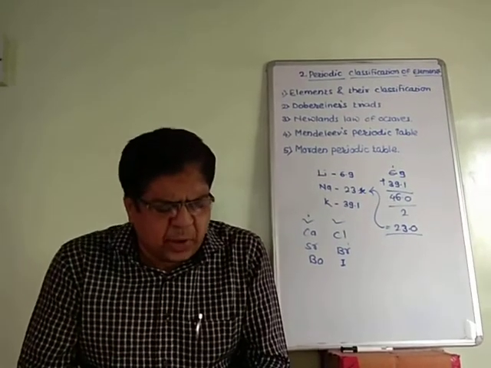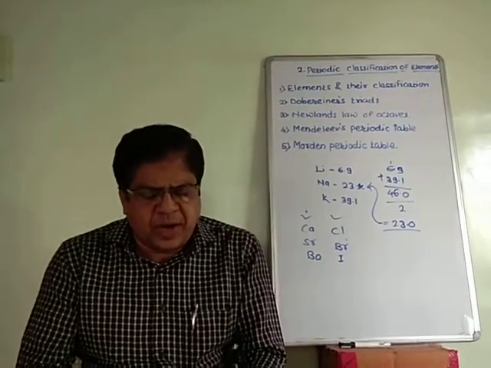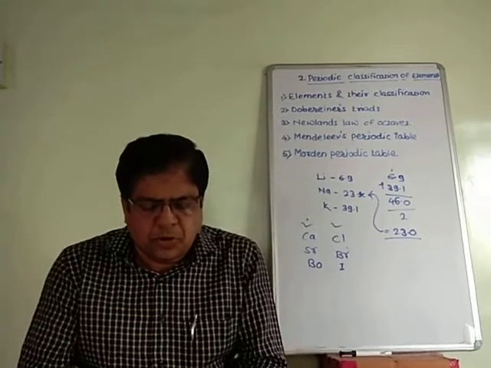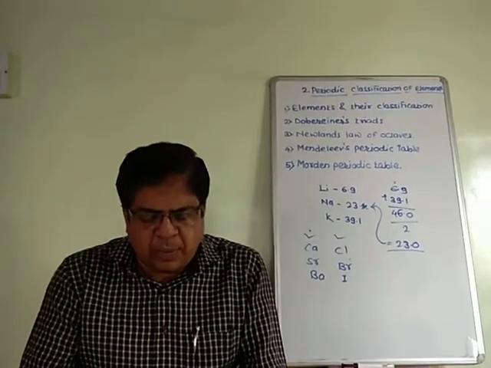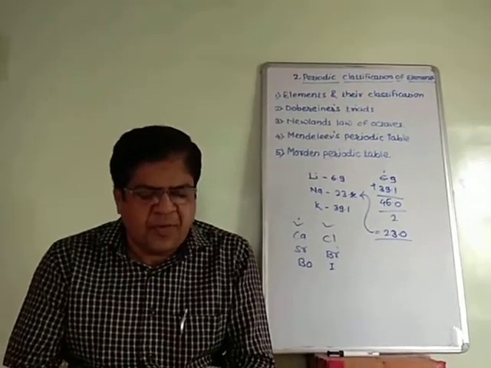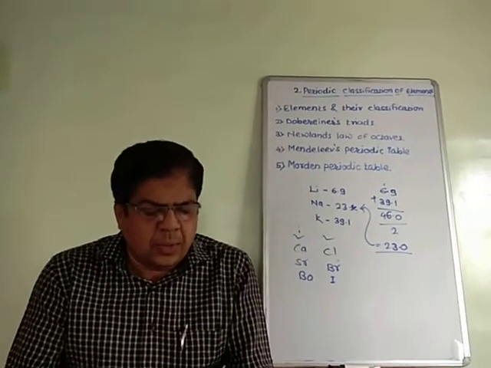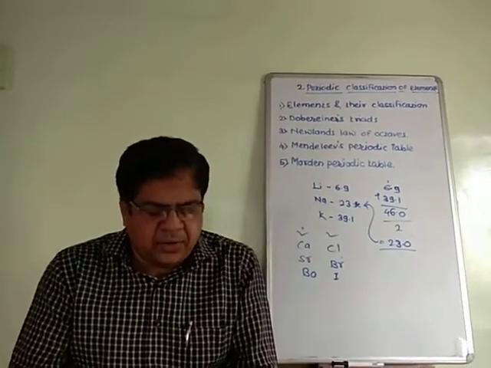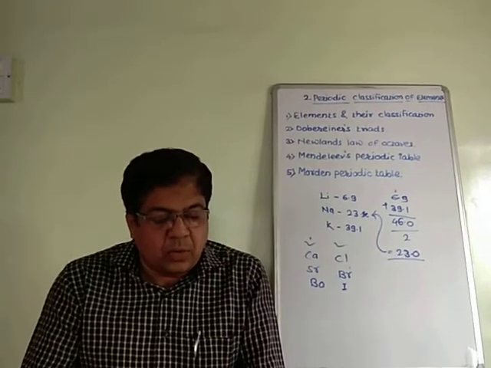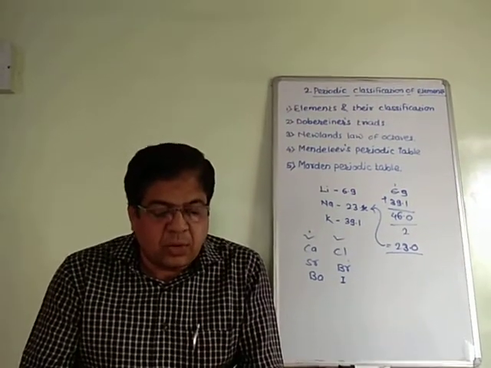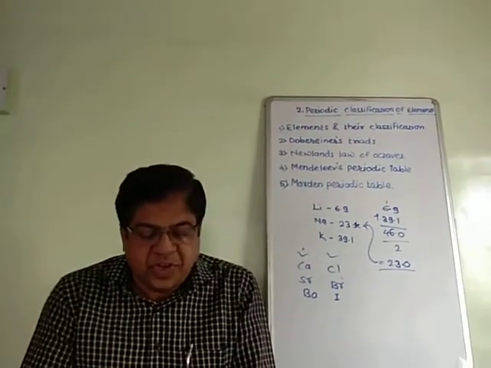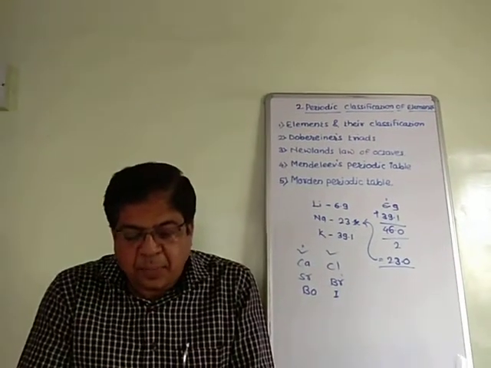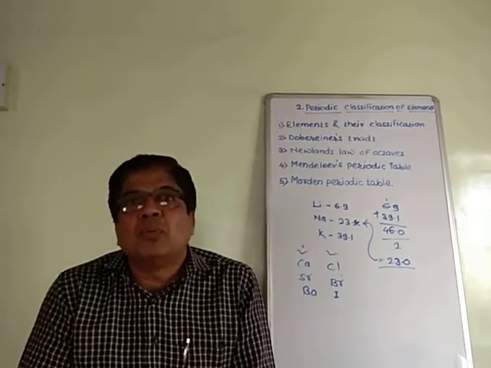In the entire periodic table, the distribution of electrons in the various orbits around the nucleus of an atom of an element is called the electronic configuration. The electronic configuration of an element decides the group and the period in which the element is to be placed.